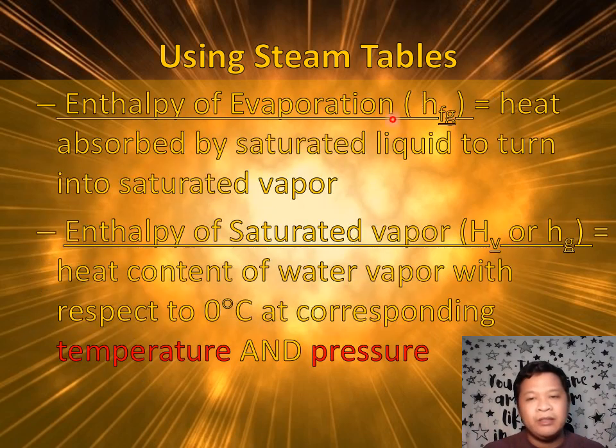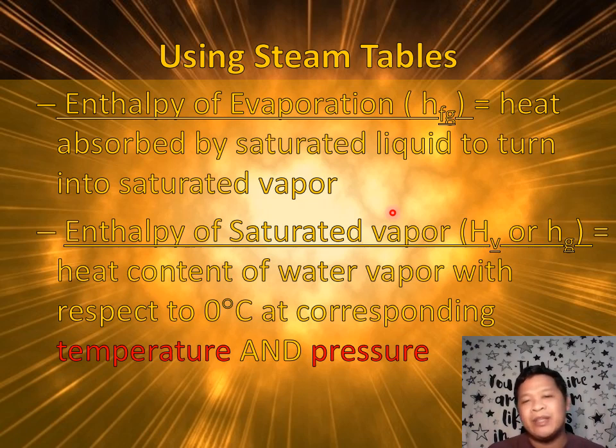Okay, the enthalpy of evaporation, or HFG in some cases, refers to the heat absorbed by saturated liquid to turn it into saturated vapor. So if you remember yung graph natin na pinakita last time, yung may blue lines, yan yung long vertical line. So that means that's how much heat it needs to absorb to turn into saturated vapor.